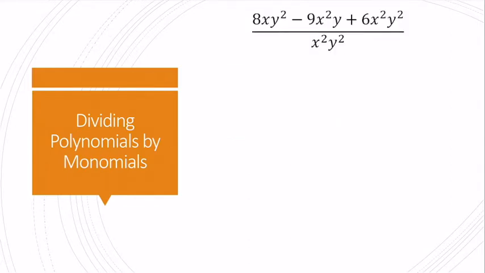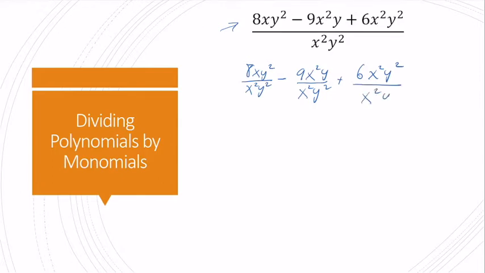Now I'm going to go ahead and again pull apart my numerator into fractions. So I've got 8xy squared over x squared y squared minus 9x squared y over x squared y squared plus 6x squared y squared over x squared y squared. This is going to give me, this first term is 8x to the negative 1.